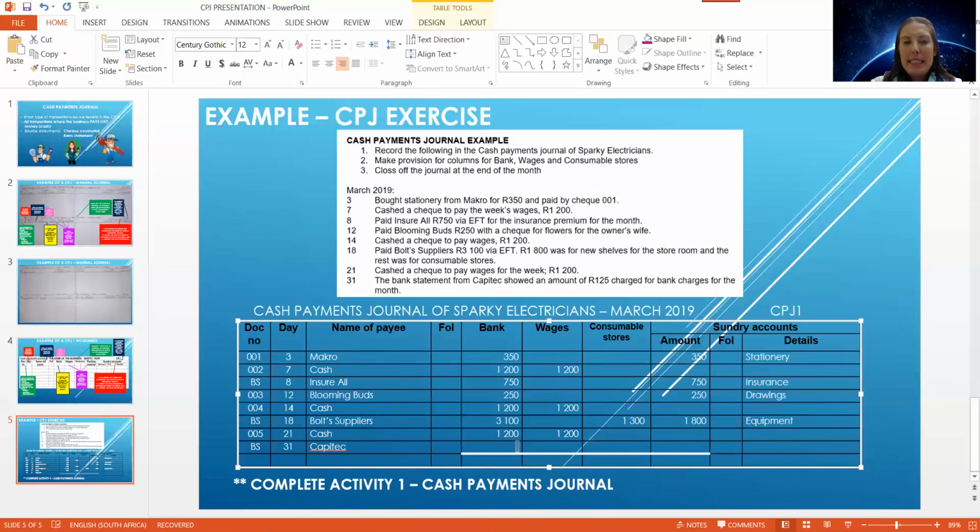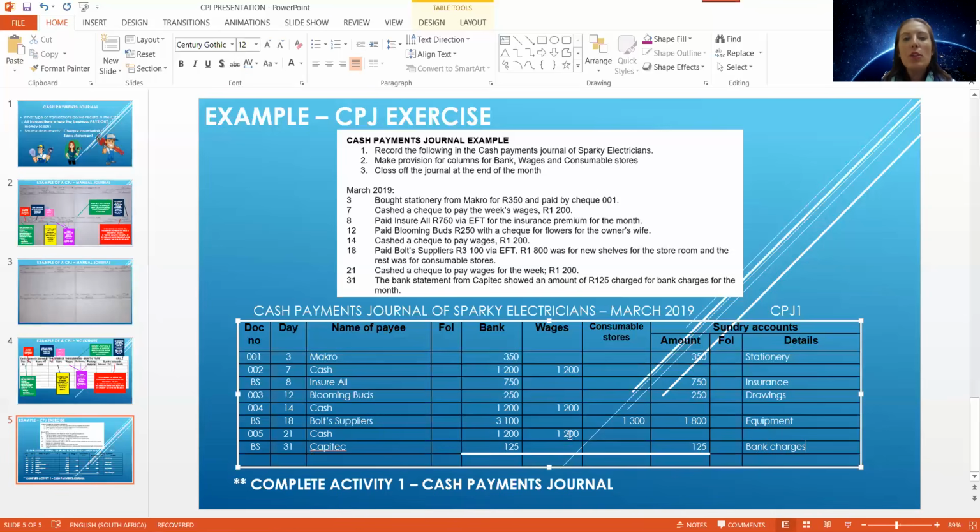Then what's the amount? 125 Rand in the bank column, and then there is no column for bank charges, so we go and we put it in the sundry accounts, 125, and then our details is bank charges.